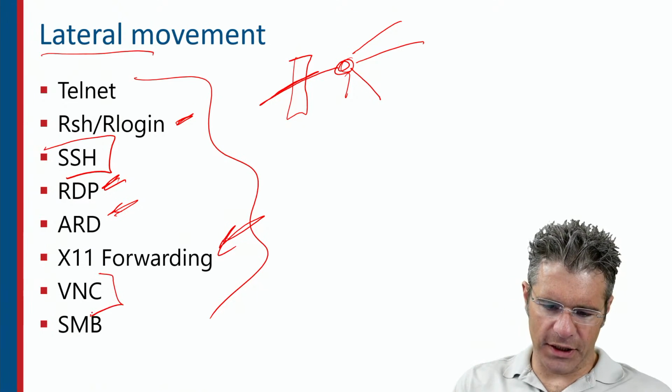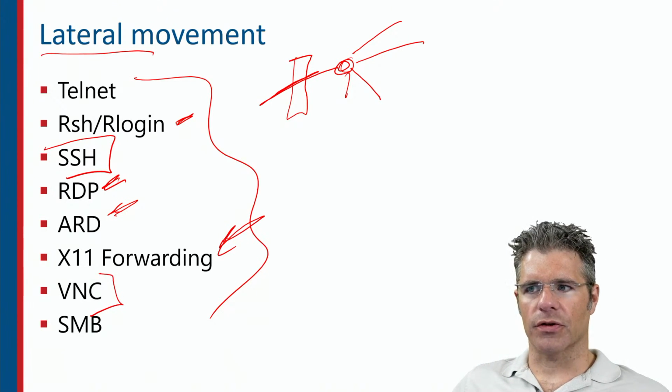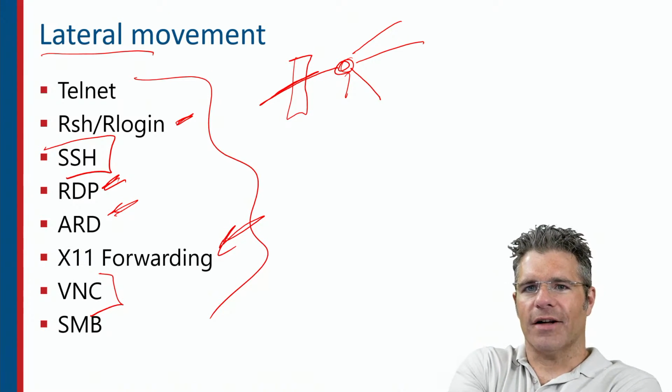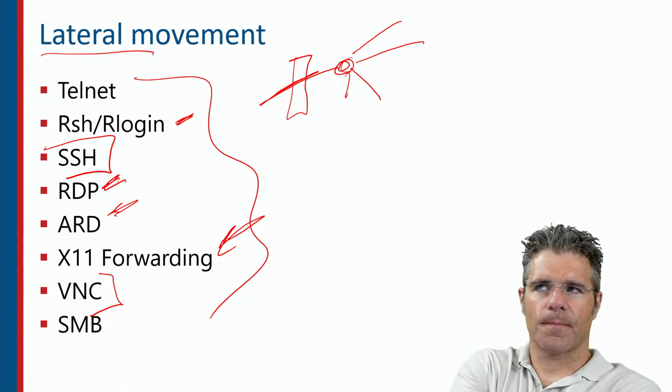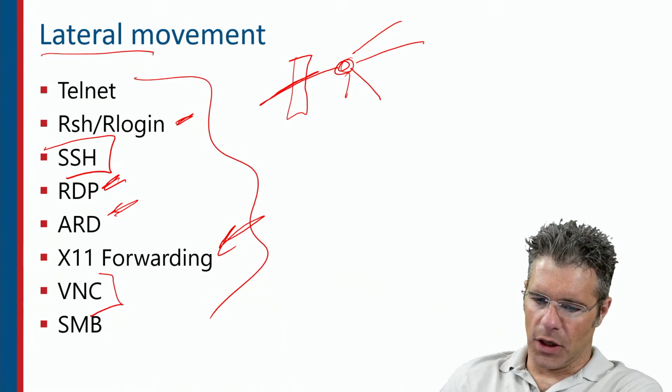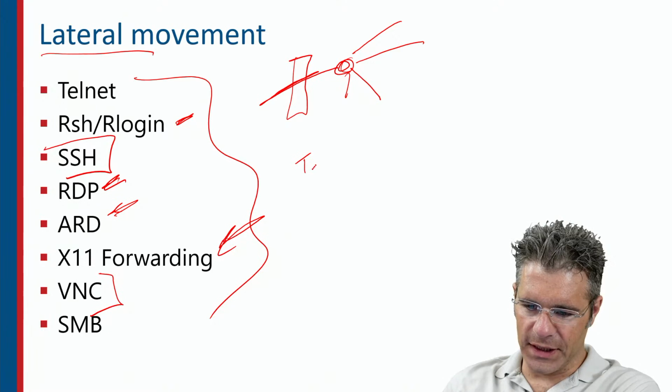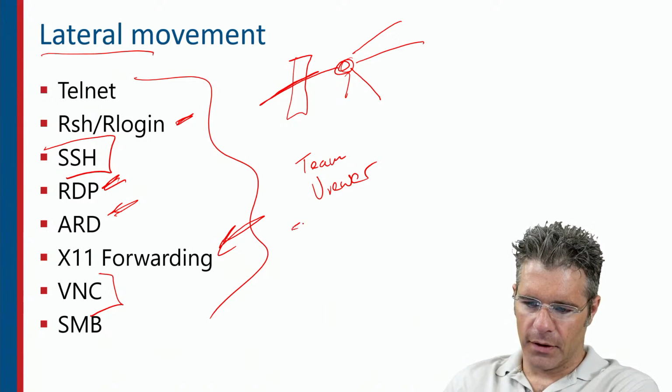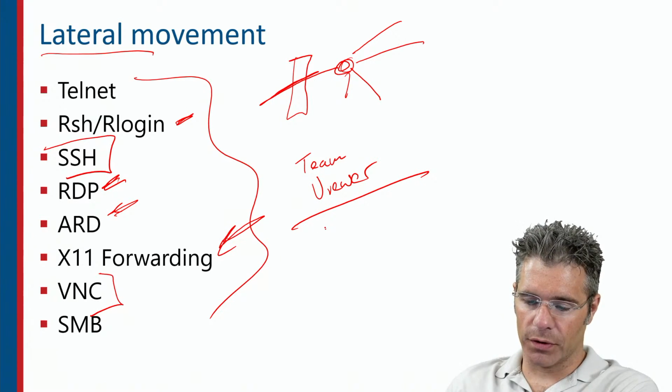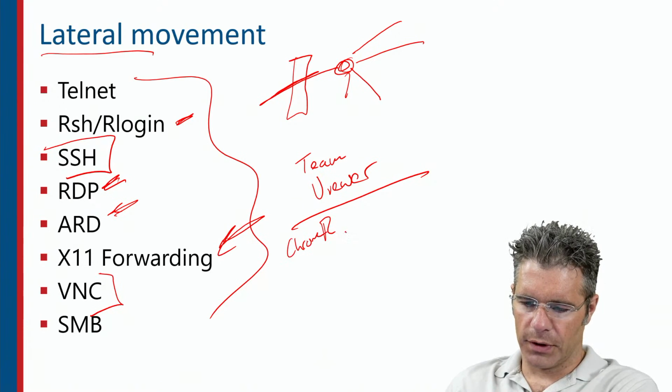Virtual network computing, still my favorite way to remote administer systems on a local area network, although I've been trying to wean myself off of it. Other things that you could use for lateral movement: TeamViewer. Google's now got Chrome Remote Desktop.